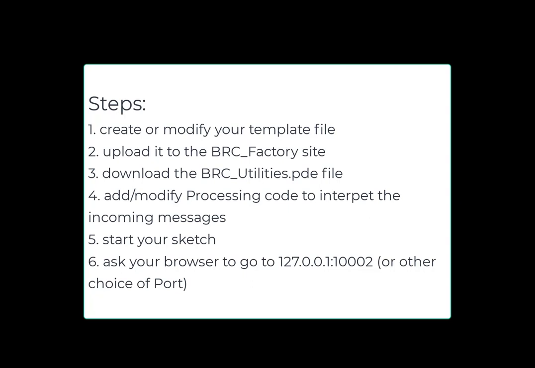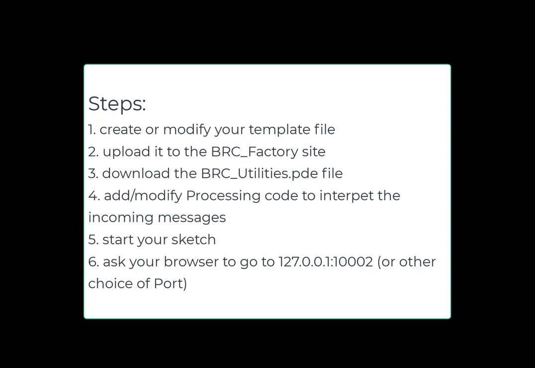Quick note here, download that file by its exact name. Sometimes browsers would like to add a number or a space to the end of the file name. Don't allow that. Make sure that the name is retained exactly, brcutilities.pde. Any file with a space in it is not one that the Processing environment likes.